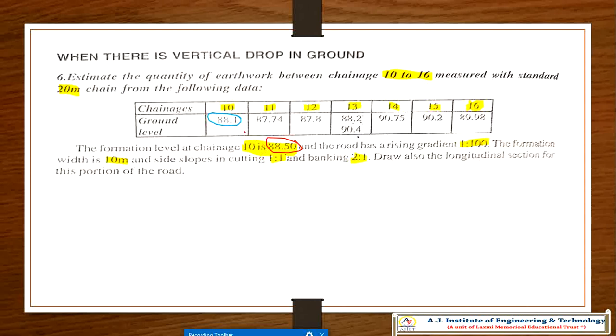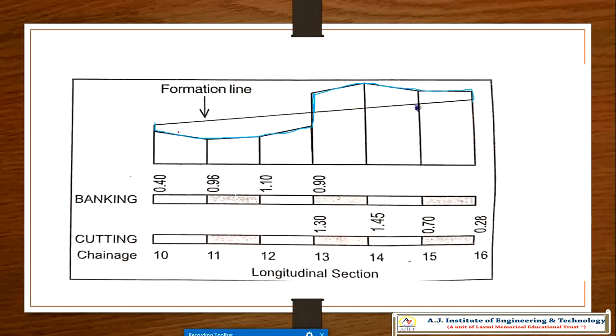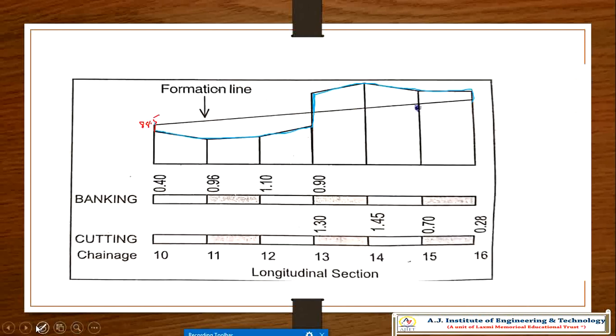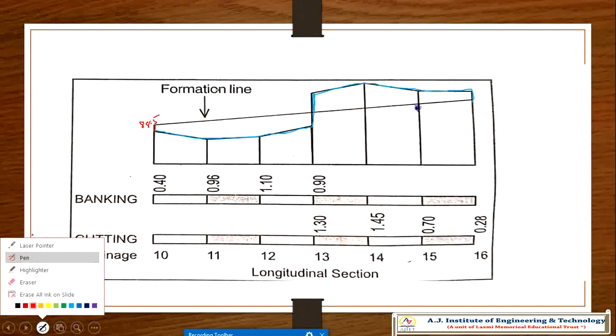That means a 0.4 meter rise at the 10th chainage. If you raise 0.4 meter, you will get 88.5. The formation level starts at 88.5, where the 10th chainage ground is 88.1, and it is a rising gradient.